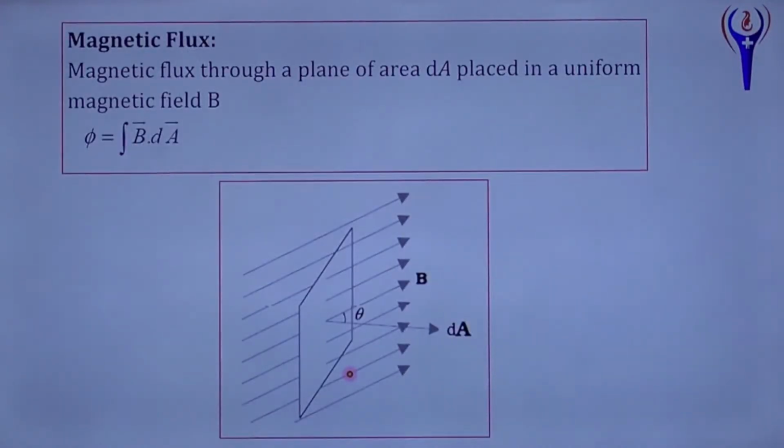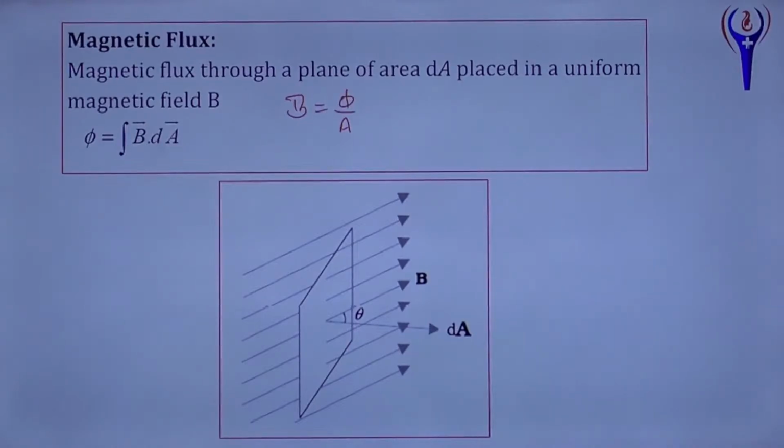Here, the magnetic flux through a plane of area dA placed in a uniform magnetic field B is phi equal to integral B dot dA. Actually, B equal to phi by A. B is the magnetic induction or magnetic field, A is the area, and phi is the total flux, or total magnetic lines of force.